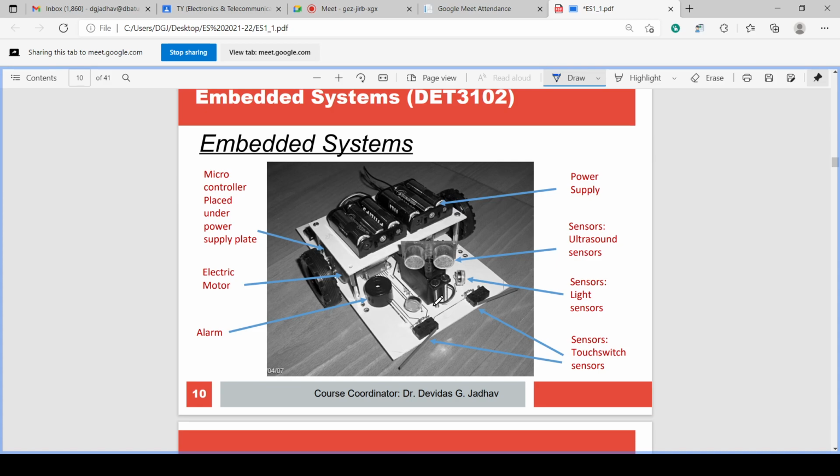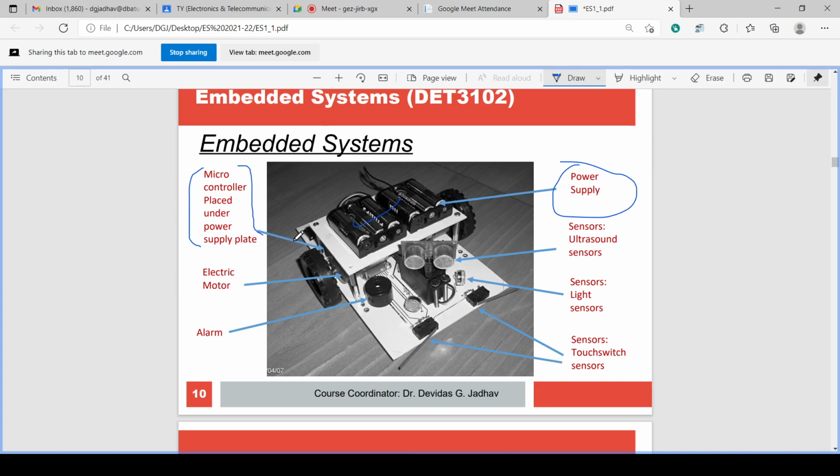It has a microcontroller. Okay. In the photograph it is not seen because it is placed below this plate of the power supply. This is the power supply. So below this plate there is a microcontroller which is placed.